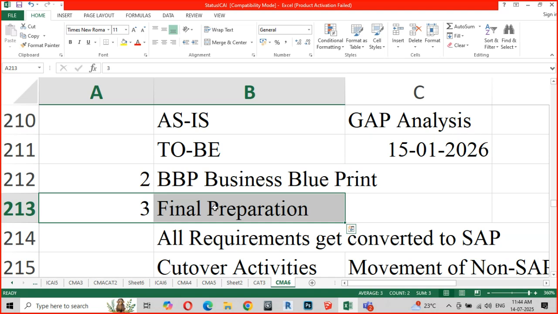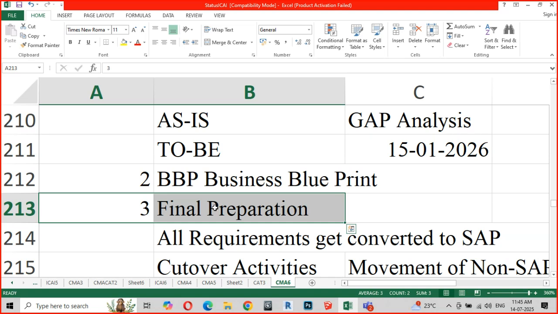So let me assume that my implementing partner is not into manufacturing anything. He is into some service industry. So I need to implement SAP here.